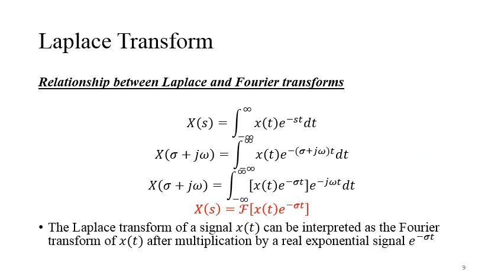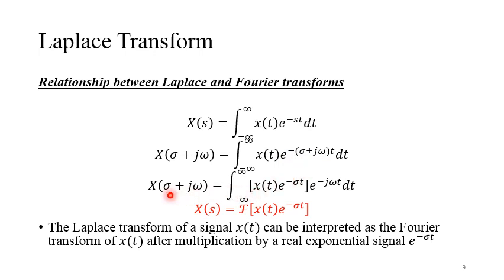The next topic is the relationship between the Laplace transform and the Fourier transform. I have explained this on the first slide also, and here you can see that this is the Laplace transform, where you integrate from minus infinity to infinity and multiply by the exponential e power minus st, where s is complex. If I split s into sigma plus j omega, then I can write it like this.